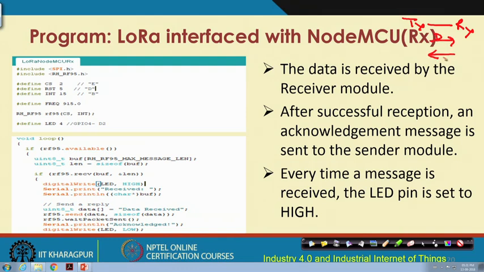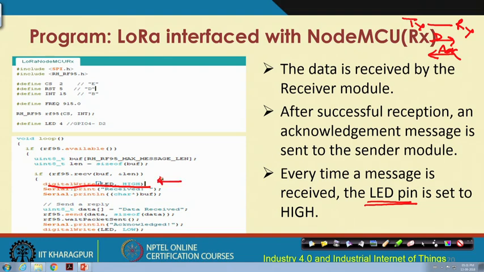This data and the acknowledgement will be sent from the receiver to the transmitter, so the transmitter knows that there has been a successful reception. After successful reception, an acknowledgement message is sent to the sender module, and every time a message is received, the LED pin that I am going to show you is going to glow. That means it is set to high, and this is where the LED is set to high, through this command.